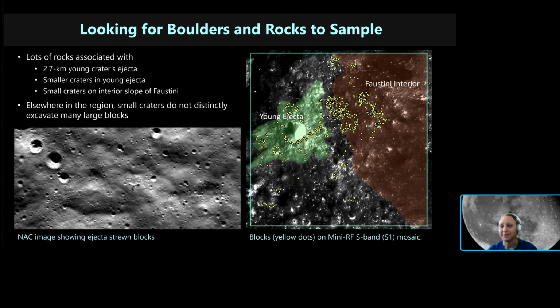You can see that lots of rocks are associated with the younger 2.7 kilometer crater and its ejecta, as well as more recent craters superposed on that ejecta blanket. And then also we see a lot of exposures of rocks and blocks inside Faustini, and those are also associated with small impact craters. But elsewhere in the region, those smaller craters don't seem to be excavating as many rocks, which is interesting.